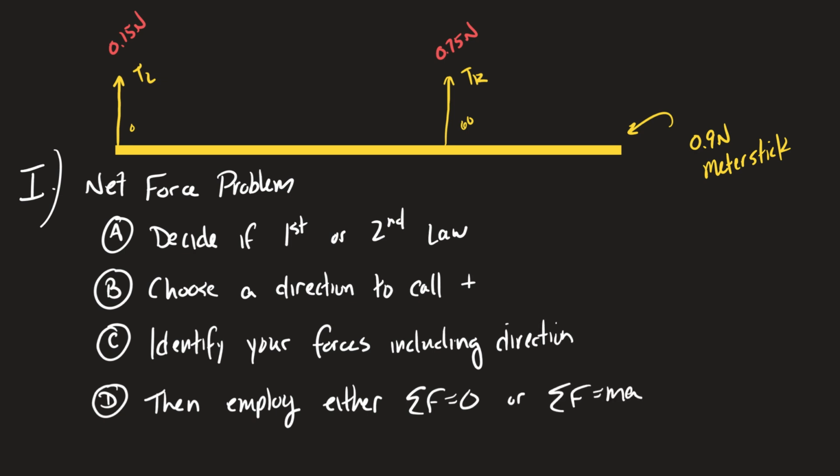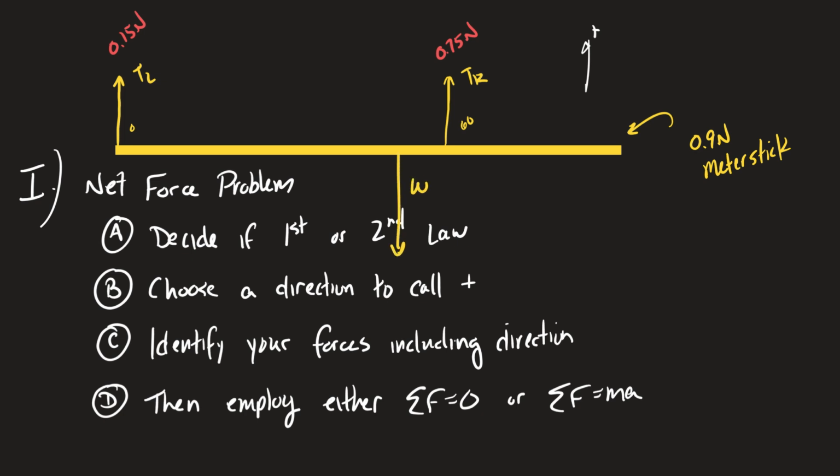Then you're going to employ either net force equals 0 or net force equals ma. That's just a banner overview, and you guys know this, so this is not new. So I'm going to identify upwards as my positive direction. I'm going to recognize that two forces have already been given to me, but there's a force that has not been displayed. I'm going to display that force.